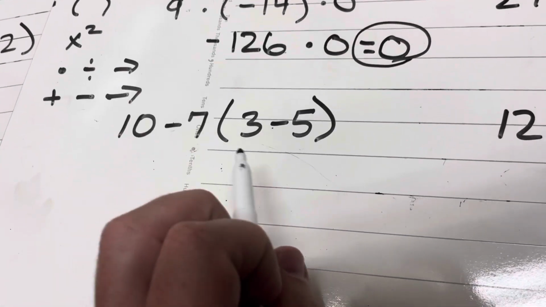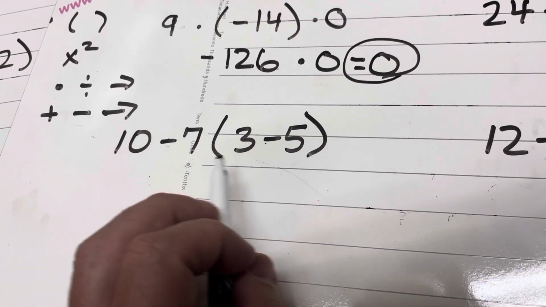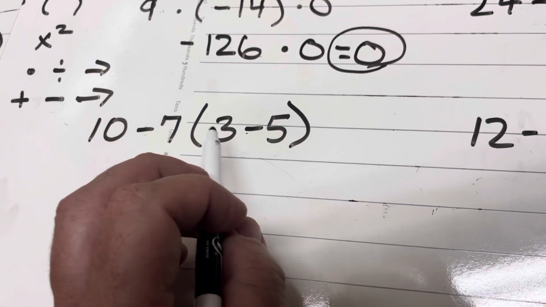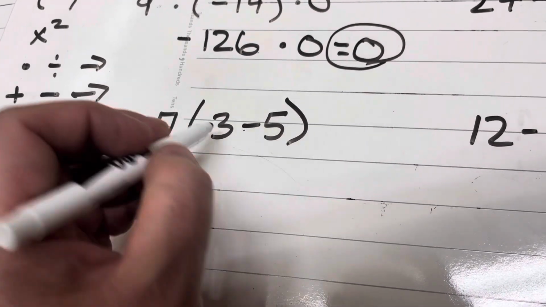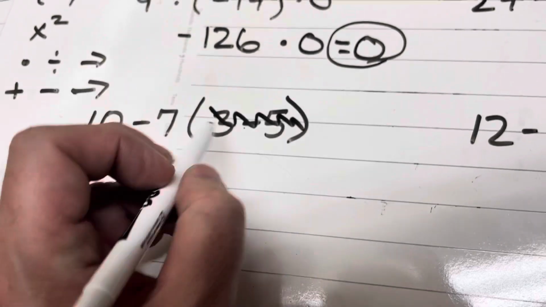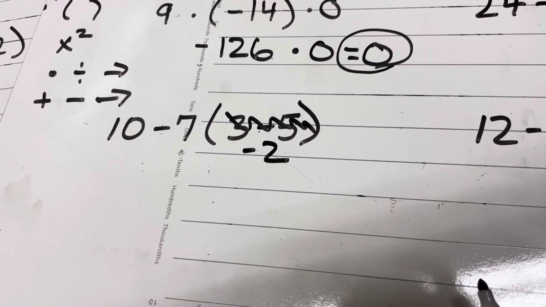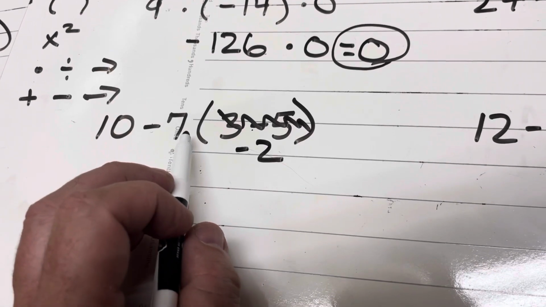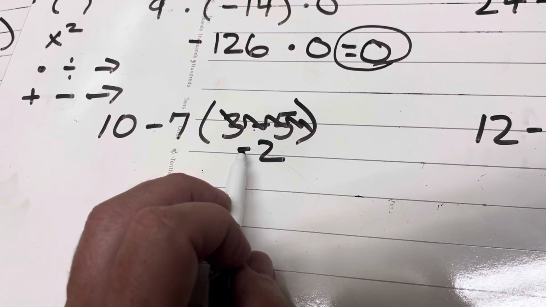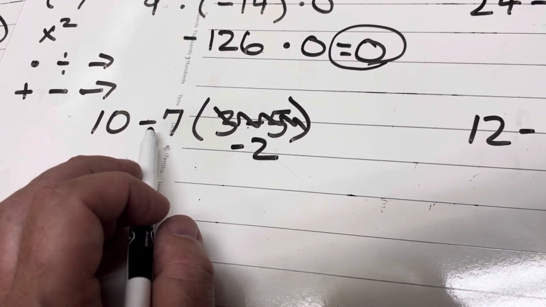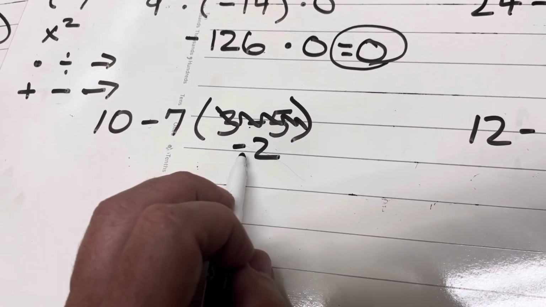10 minus 7 times 3 minus 5. Well, first of all, I want to clear parentheses. 3 minus 5, I know that 3 minus 5 is negative 2. Then I'm taking 7 times, what I have here is a negative 7 and a negative 2.